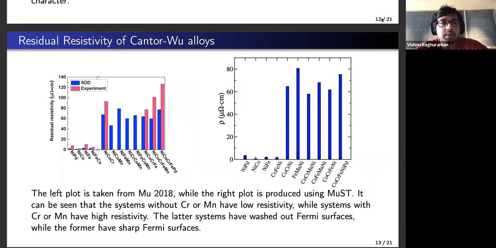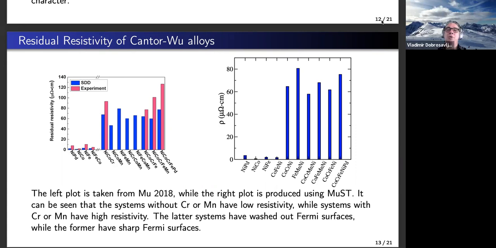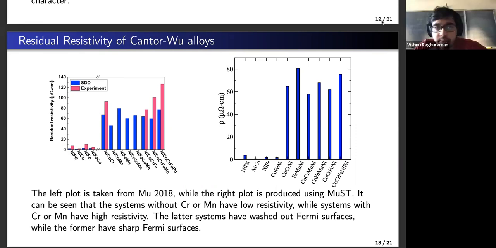Right, but is it known what the temperature dependency is from experiments? I mean, normally you would expect the Curie temperature, it should show some magnetic order. I'm not sure what the Curie temperature for these alloys is.